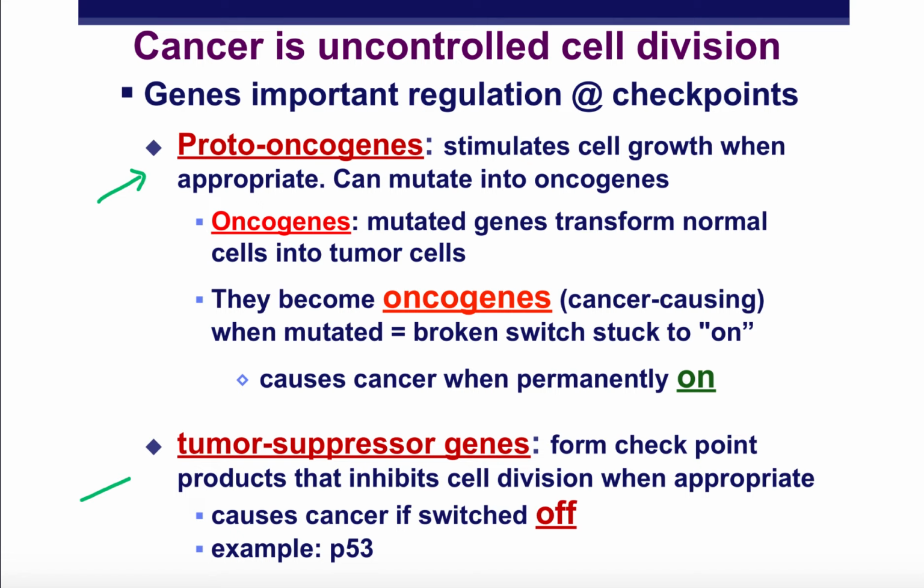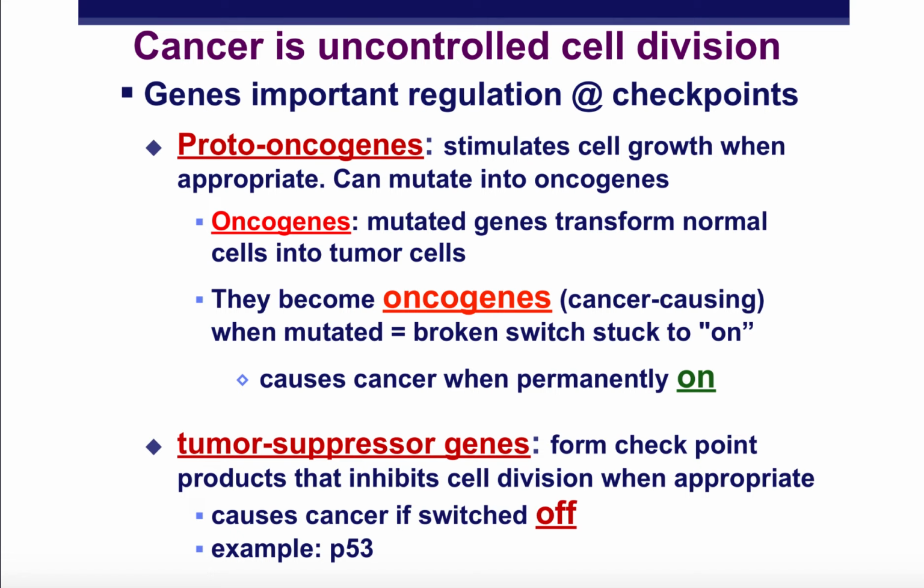Okay. The second gene I want to cover is the tumor suppressor gene. The tumor suppressor gene is your stop signals. They're the stops in the checkpoint that prevent you from moving on when it's inappropriate. So remember, cancer is unlimited division, just constant division. The cancerous form of a tumor suppressor gene is when it's mutated so it stops working.